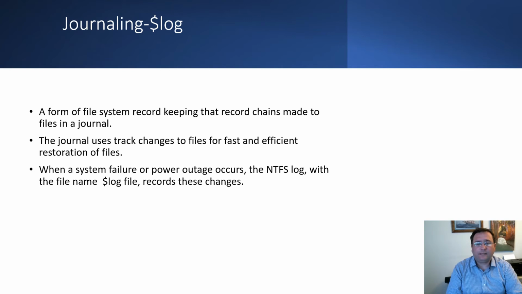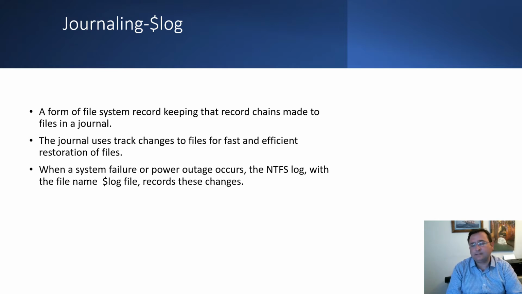One of the advantages of NTFS and Microsoft is journaling, a form of file system record keeping that records changes made to files in a journal. The journal is used to track changes to files for fast and efficient restoration of files.